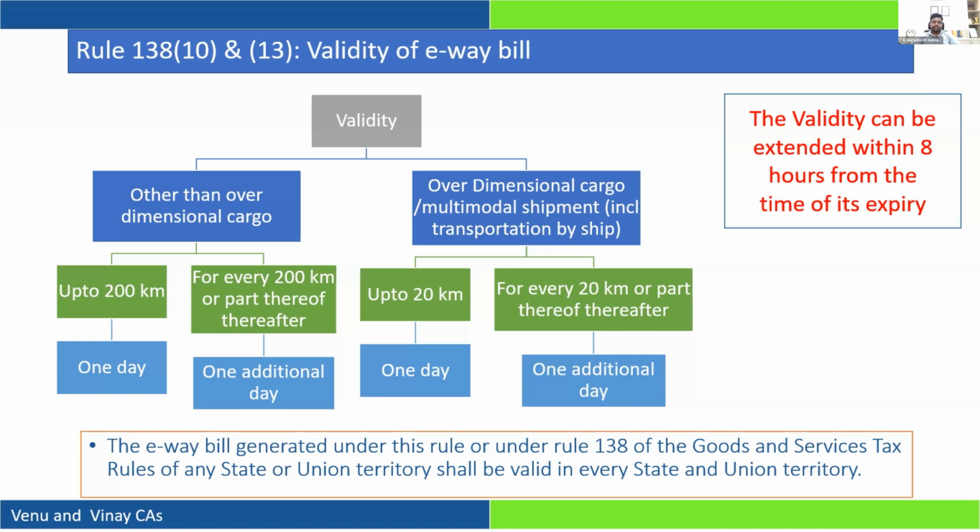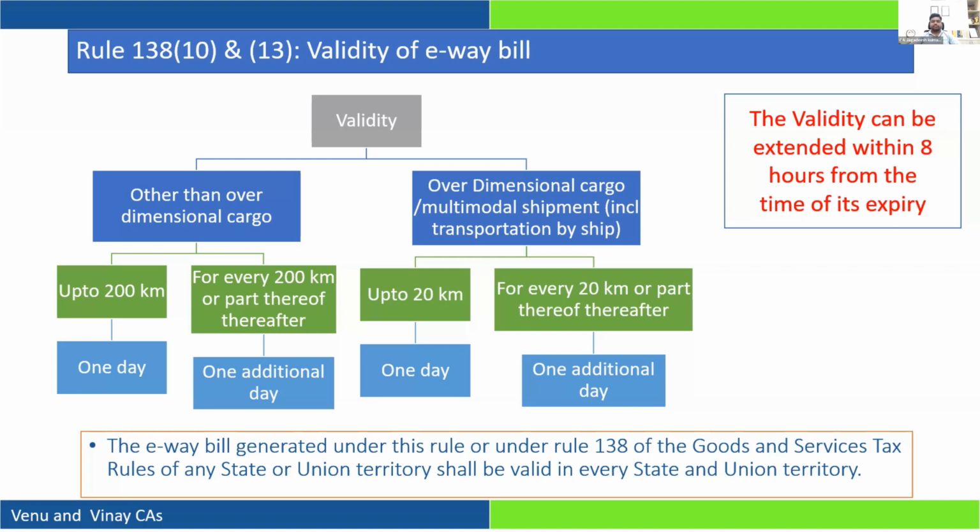Whereas for over dimensional cargo, that is, trucks carrying big equipment, validity will be 1 day for every 20 kilometers, and for 20 kilometers or part thereof, an additional 1 day will be given.